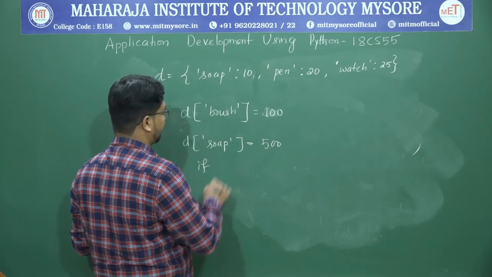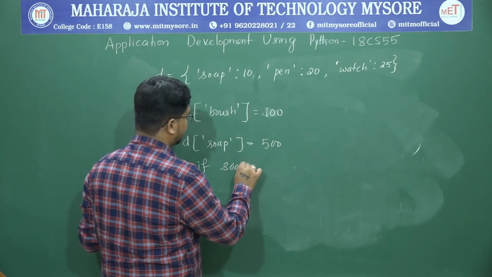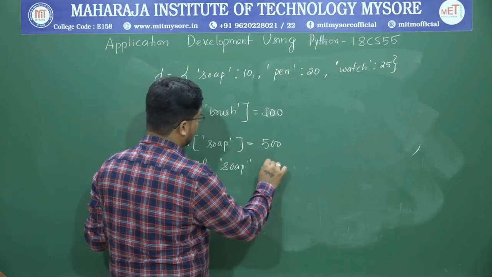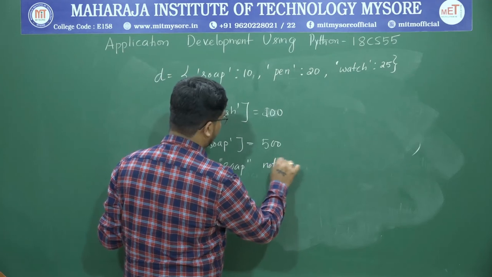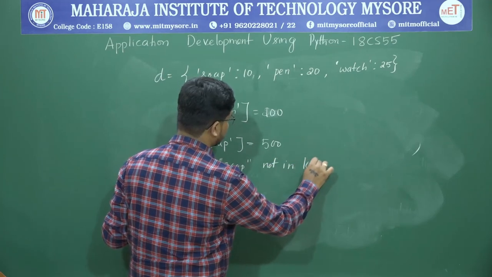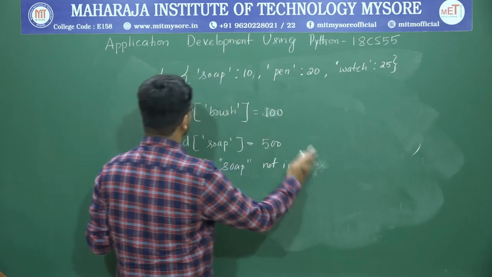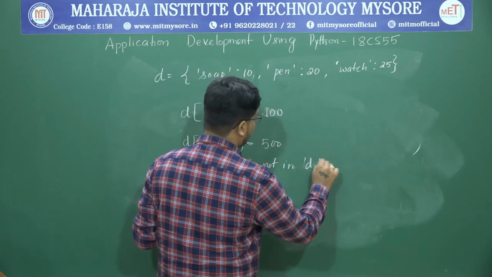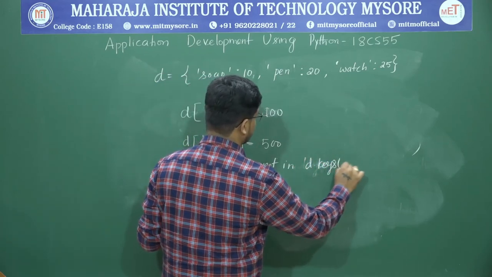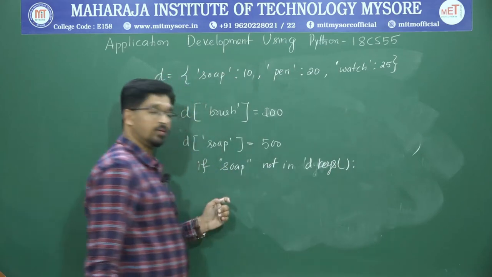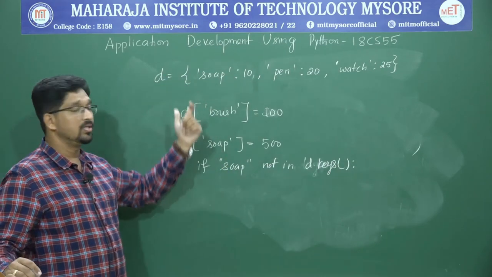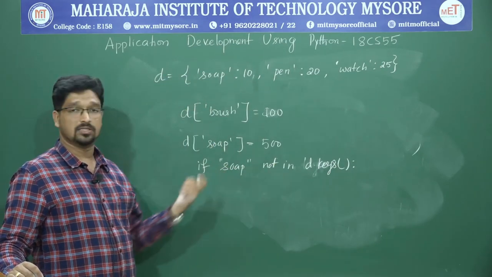If soap not in keys, what keys? It is d.keys(), correct? Yes or no? I am checking whether soap exists in the keys.